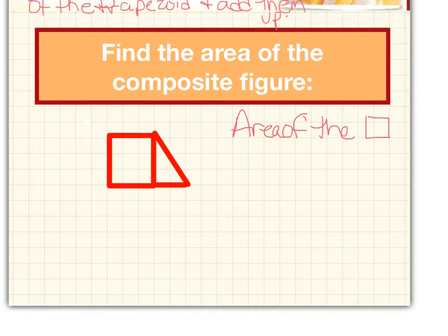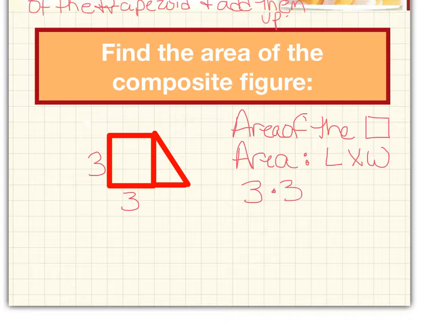You should remember that the area of a square is length times width. If we look here, we have a width of 3 and a length of 3 on our square. So the area is 3 times 3, which equals 9.